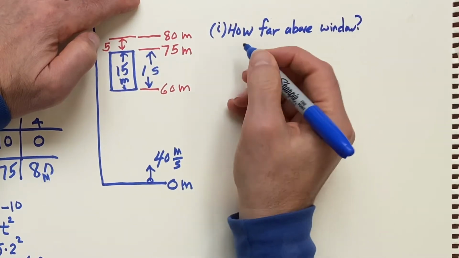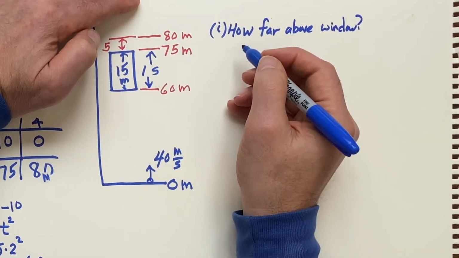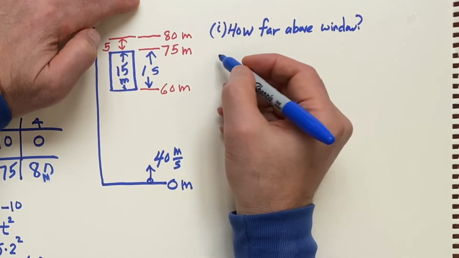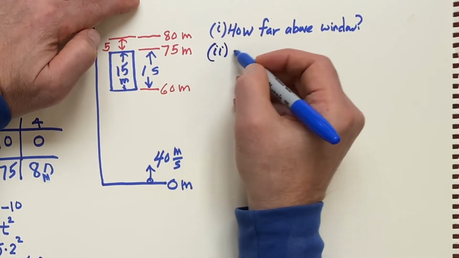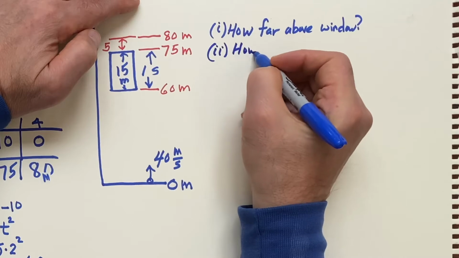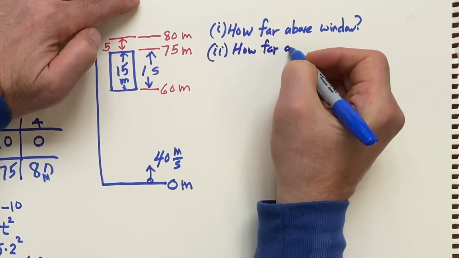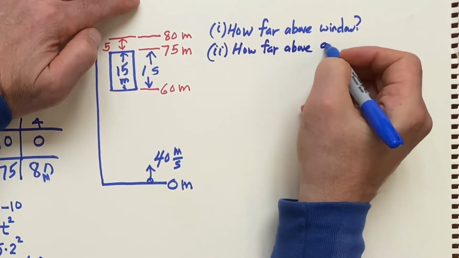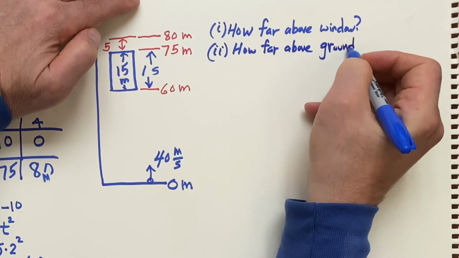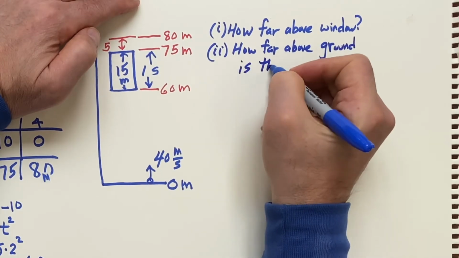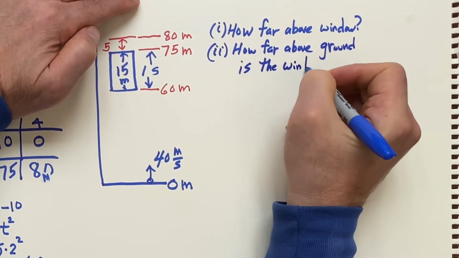That's going to be one question. And then we're going to ask, how far above the ground is the window bottom?